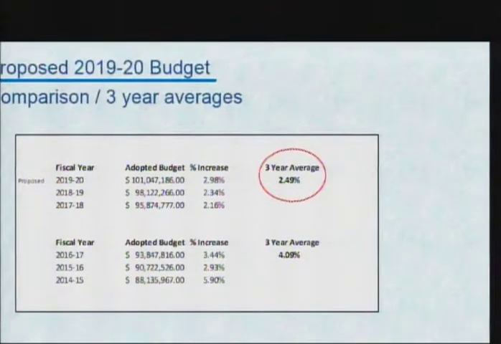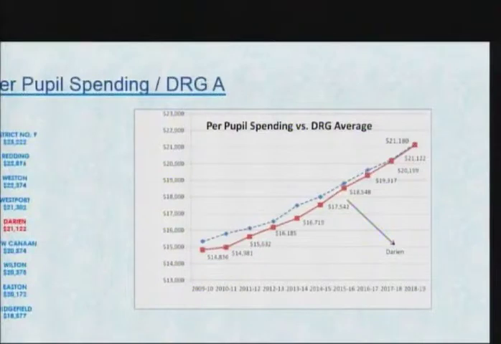And our budget, you can see our fiscal year for not only these 3 years, but 3 years before that. And finally, we reflect upon the spending in our DRG, and you can see we're not at the bottom and we're not at the top.